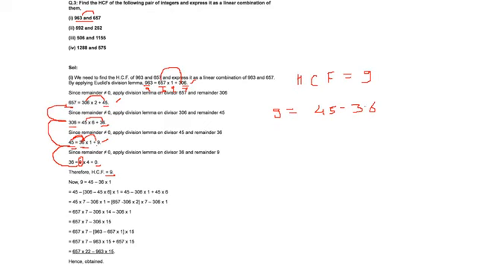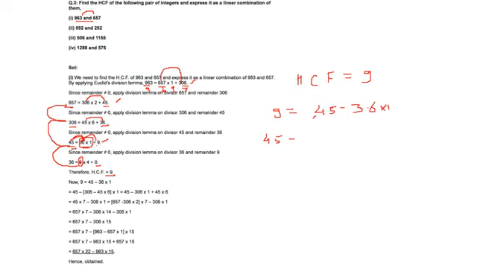So this is 45 minus 36, right? Now let us write this as 36 into 1, we have to write this properly, 36 into 1. Now for this 45, this is 45 minus. Now see, how did we come to this 36?